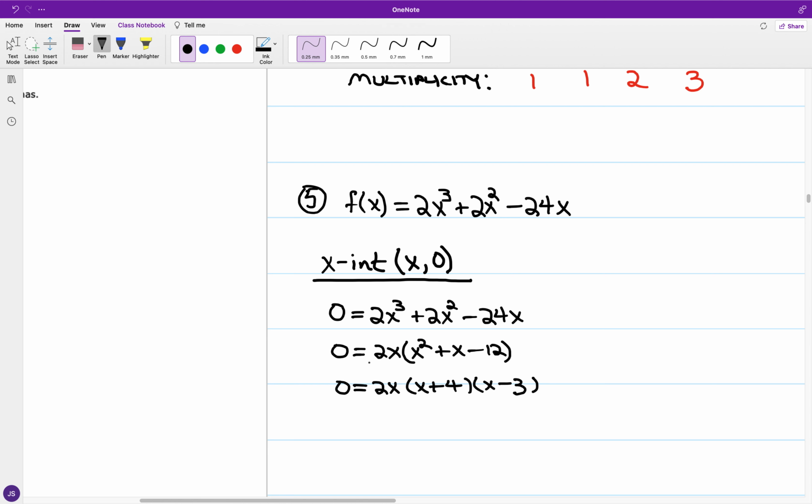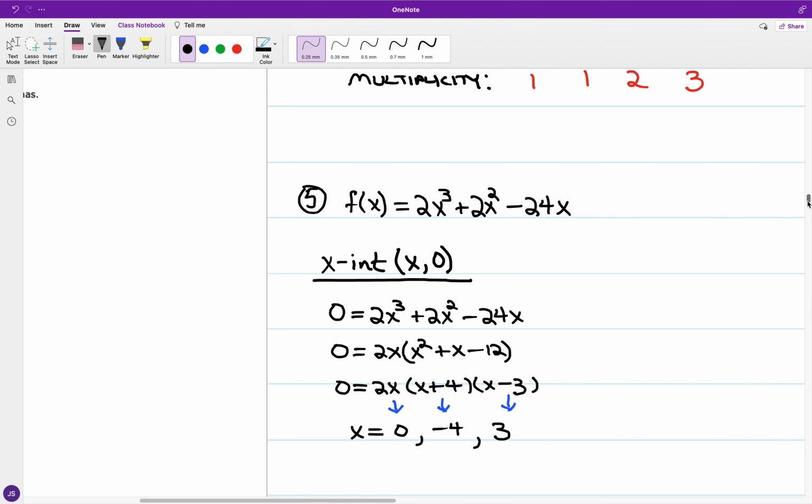And so for the values of x, if 2x is equal to 0, we have x is equal to 0. If x plus 4 is 0, we have negative 4. And for x minus 3, we're going to have that x is equal to 3.